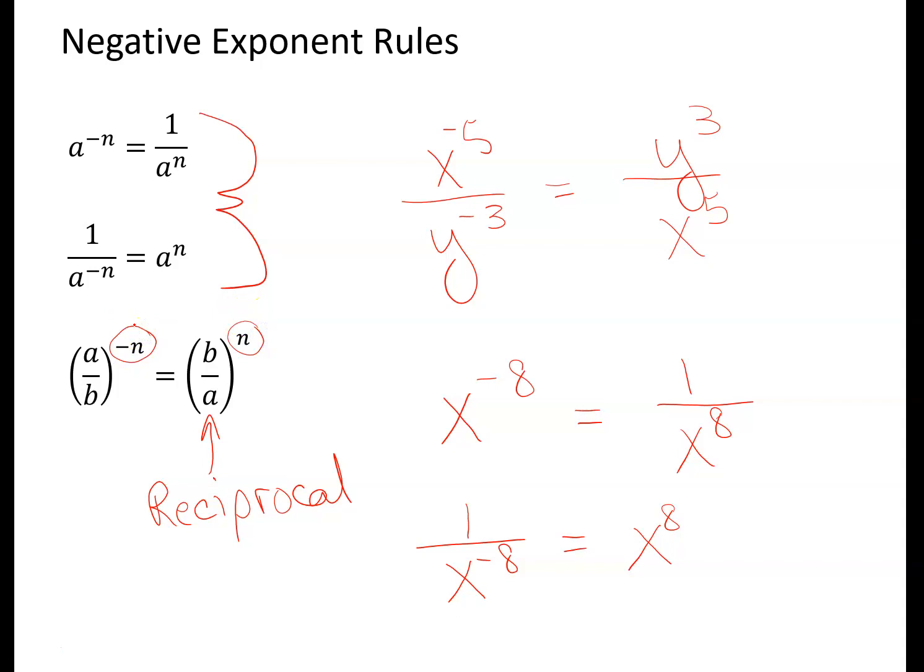All of these only change the sign on the exponent. It does not change the sign that's out in front. And we'll see that when we do examples. So in other words, here on this third rule, you're going to just flip the fraction, flip the top and bottom, and then change the sign on the exponent. So let's try some examples.